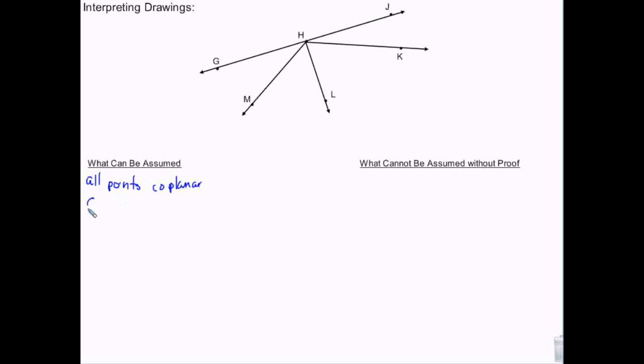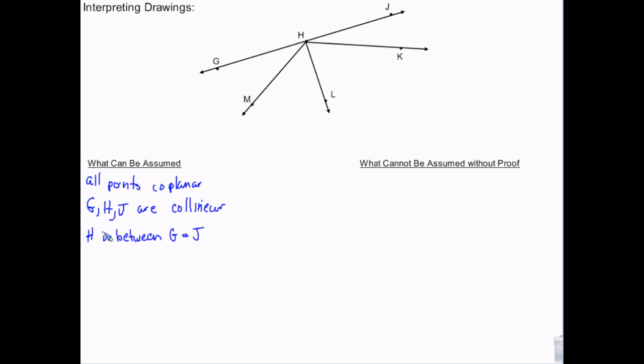I can say that G, H, and J are collinear, because they're all on the same line. I can say that H is between G and J. However, I don't know anything about these two distances. Like I don't know that GH is the same as HJ or anything like that because it's not marked.